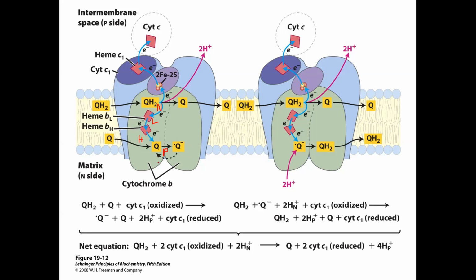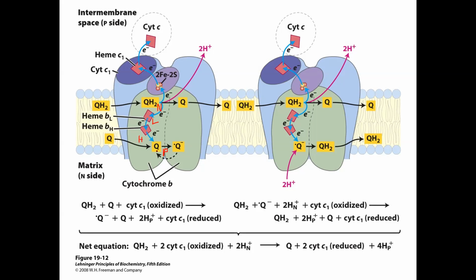Q sub P is reductant for the low potential cytochrome B. That's going to send its electrons to another ubiquinone that is at the second site where you have the high potential here, which will send it down to here.